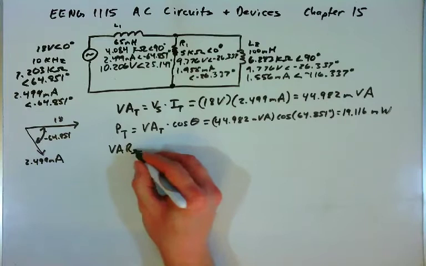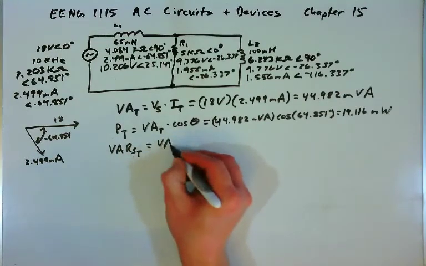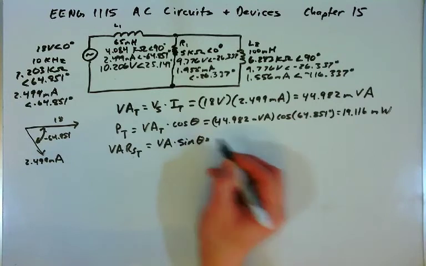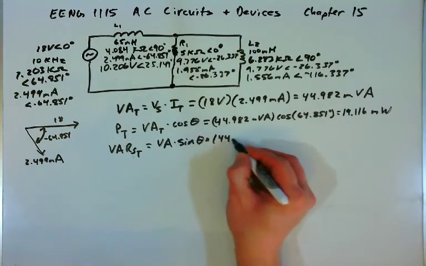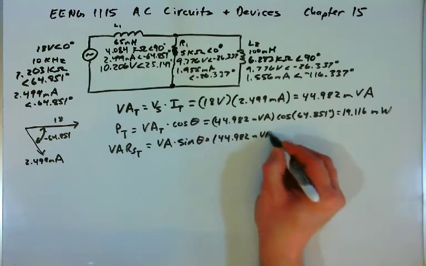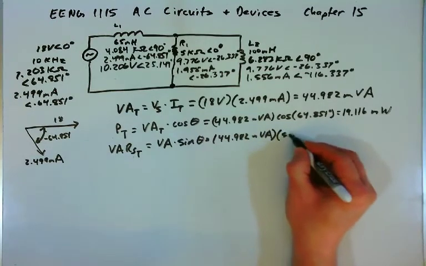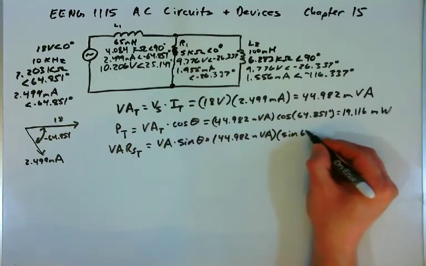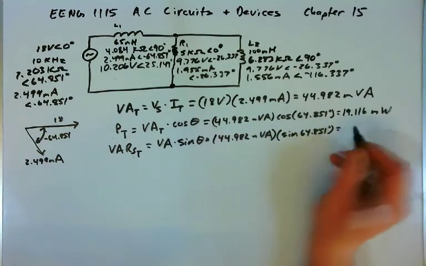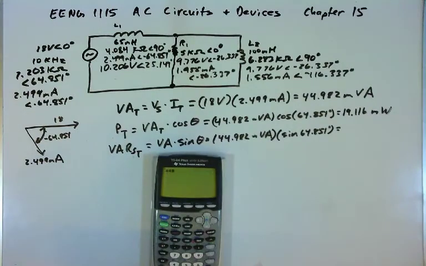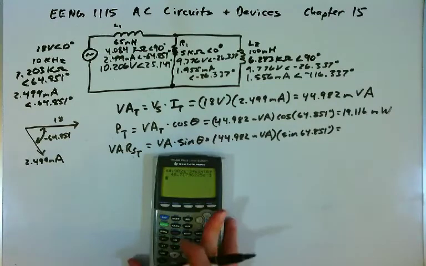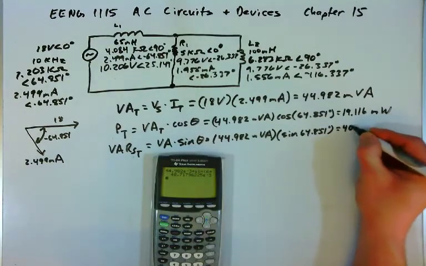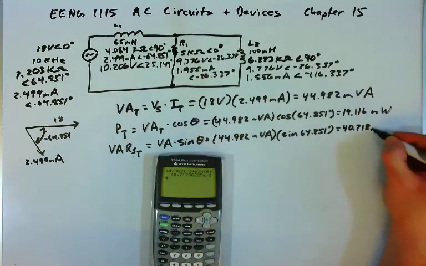Now we can find the volt amps reactive total for the circuit, and so that's going to be the volt amps times the sine of the angle. Volt amps is 44.982 millivolt amps, and we're going to multiply by the sine of 64.851 degrees, and we get 40.718 milli.